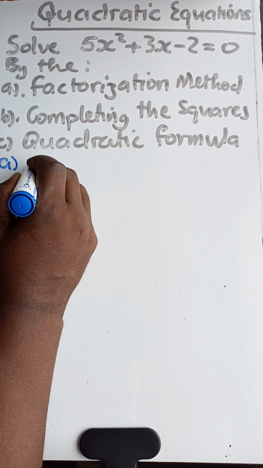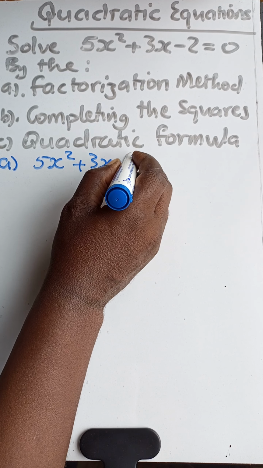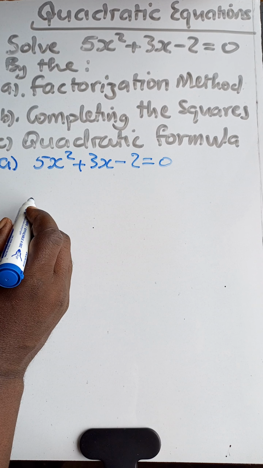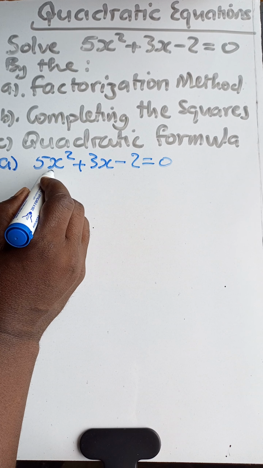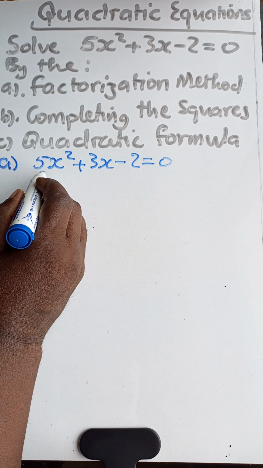Now we have 5x squared plus 3x minus 2 equal to 0. We see that the coefficient of the leading term is not 1. So what do we need to do?